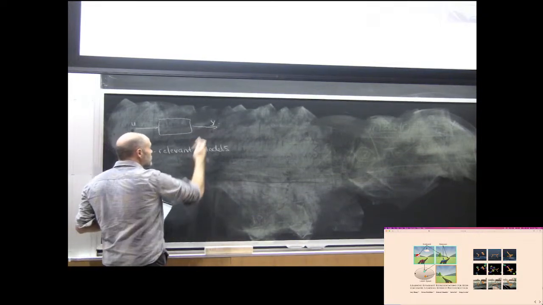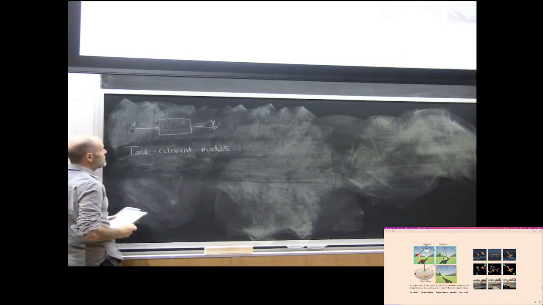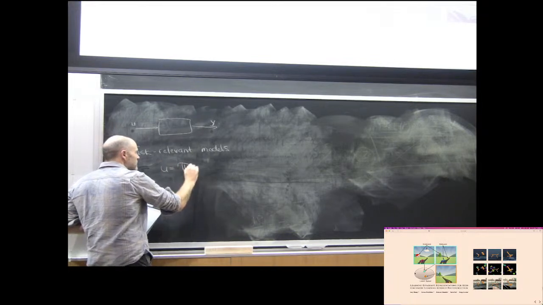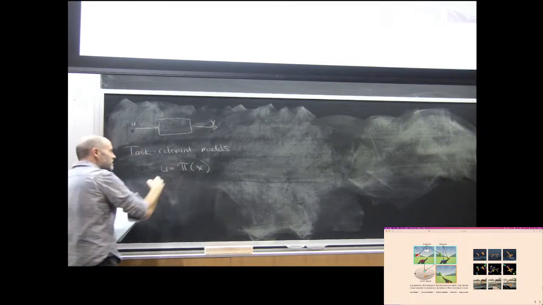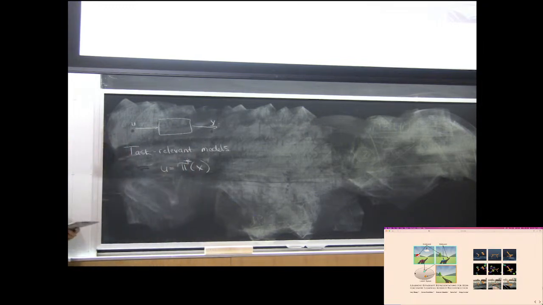what makes a model good for decision making, right? What makes a good X? Ultimately, what makes a good X is if I can write my optimal policy as a function of X, right?